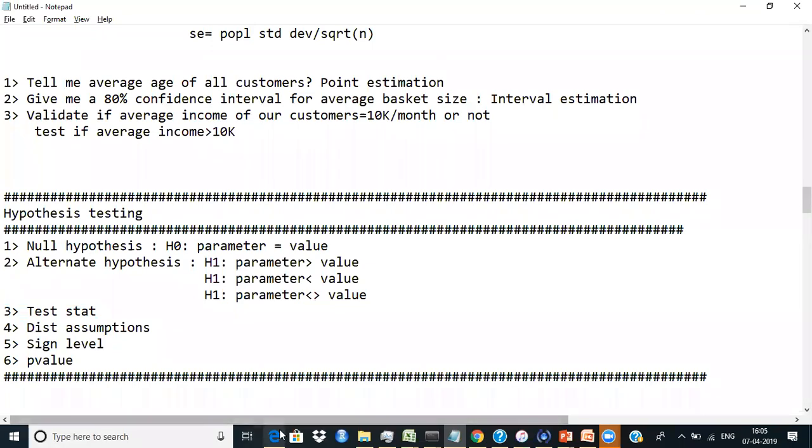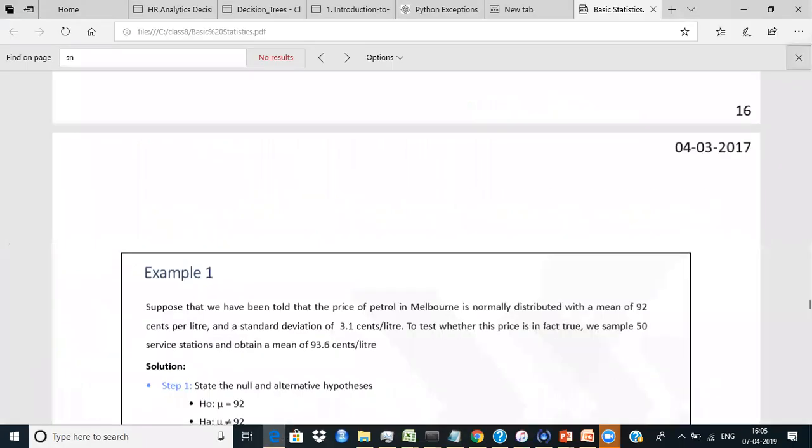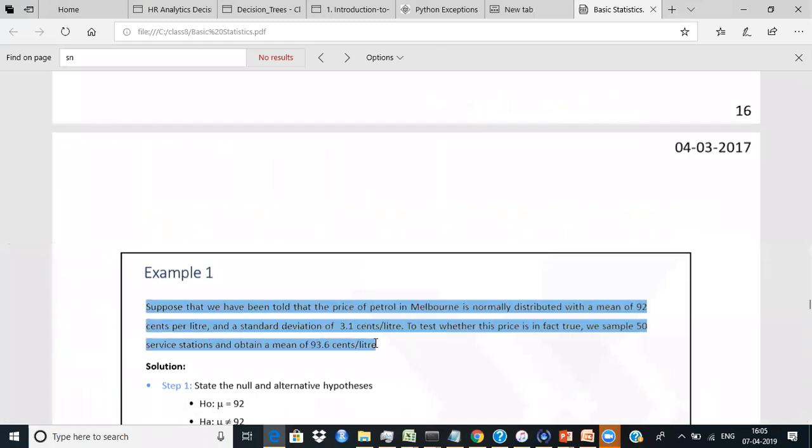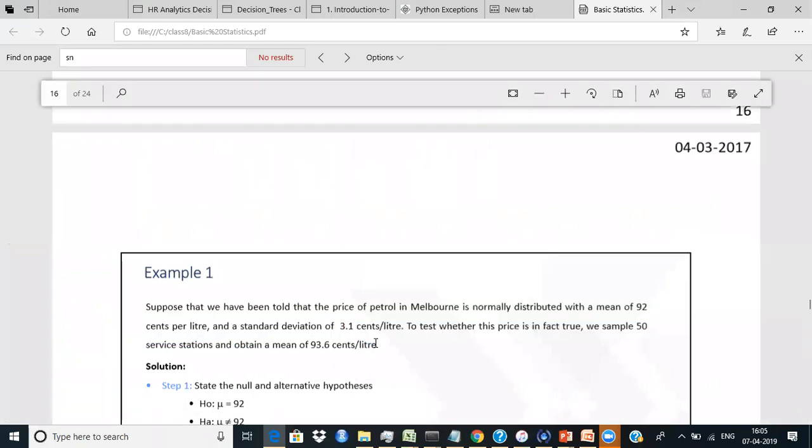So now we go into an example. Take some time to read these 3 lines. So if the probability is low, then the null hypothesis would not be true. If a person has stabbed somebody and the probability of him being innocent after stabbing somebody is low, then the judge will pronounce that person as guilty.